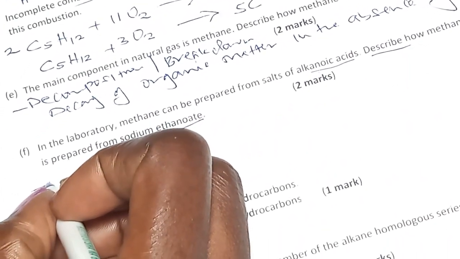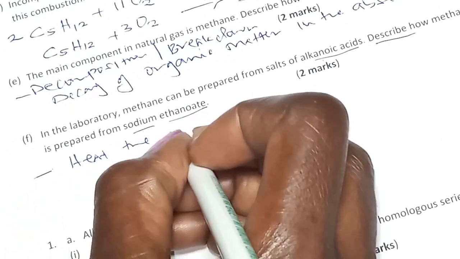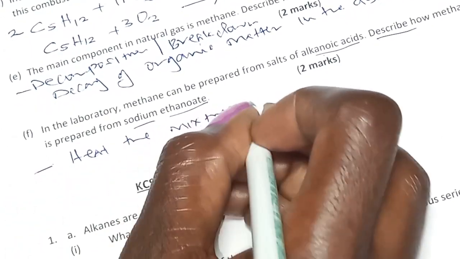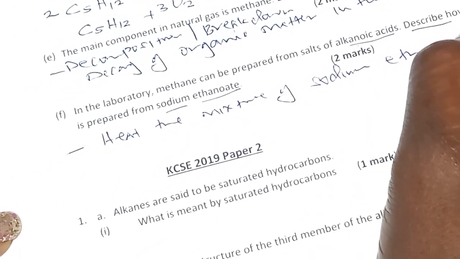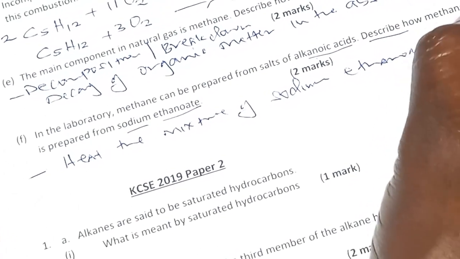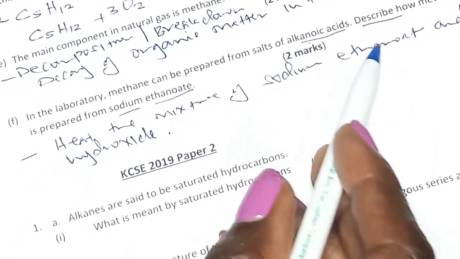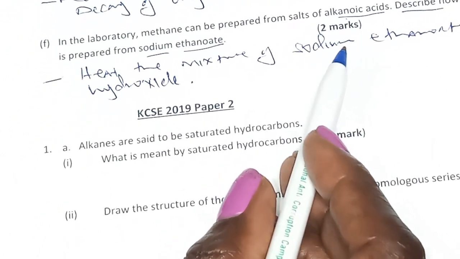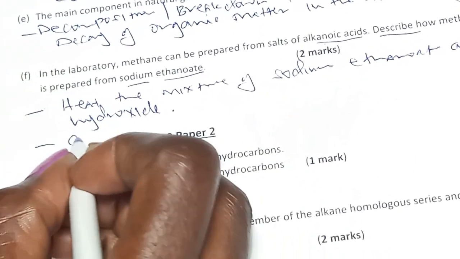You heat the mixture of sodium ethanoate and sodium hydroxide. After you heat, you will form methane. It's a gas, so you need to collect the gas over water or by upward delivery. So just collect the gas over water.